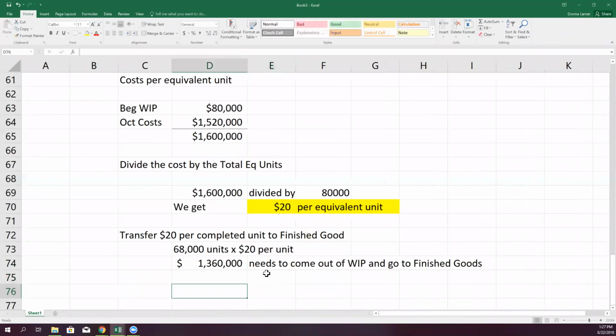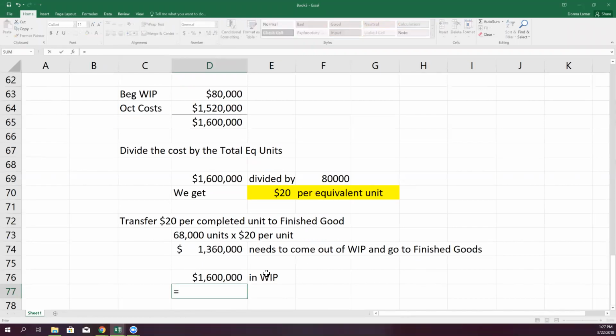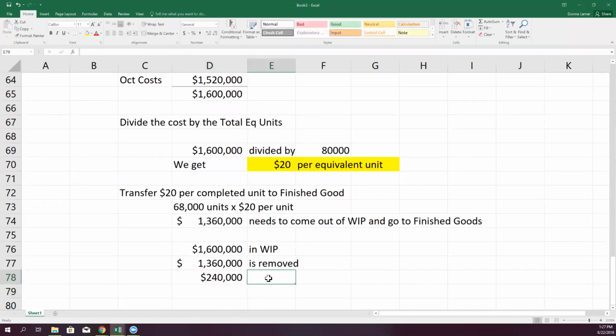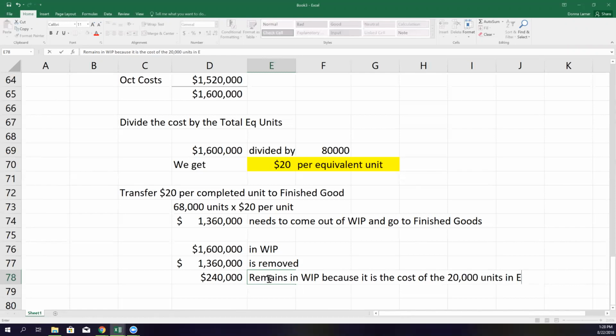Just for the sake of understanding, if we had 1.6 million in work in process and 1.3 is removed, what remains in work in process is the cost of the 20,000 units in ending work in process.